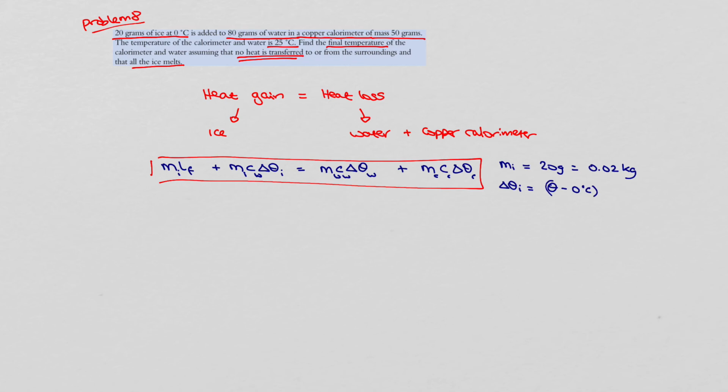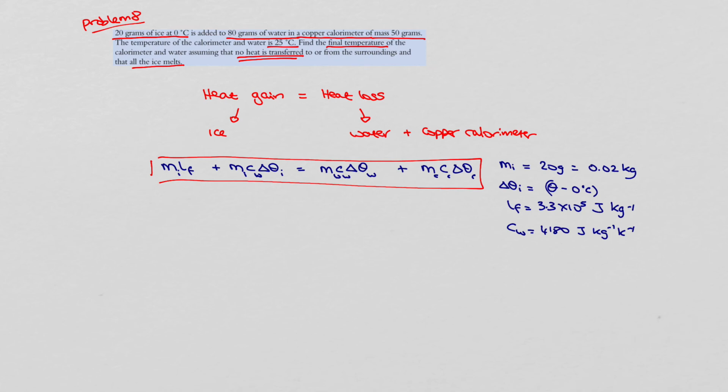We have the latent heat of fusion, and again, on the top of page 166, we have 3.3 by 10 to the power of 5 joules per kilogram. We have the specific heat capacity of water, so 4,180 joules per kilogram per Kelvin.